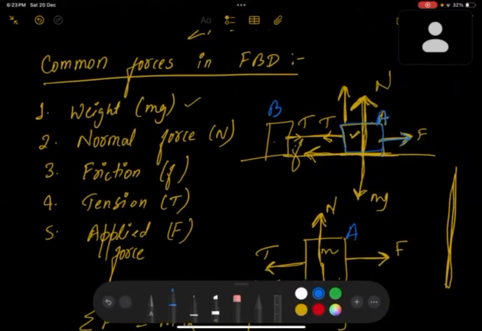Yes, ma'am. Yeah, solve it. Let's suppose there is no friction here where object B is placed. Object B mass is MB.